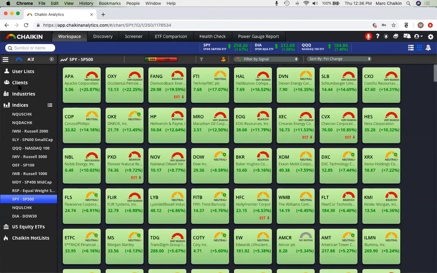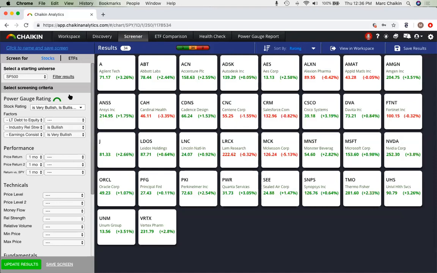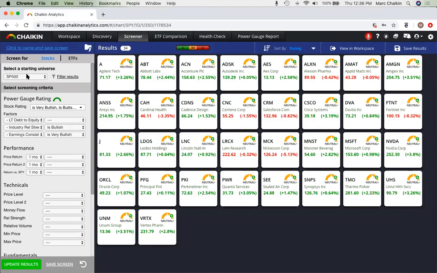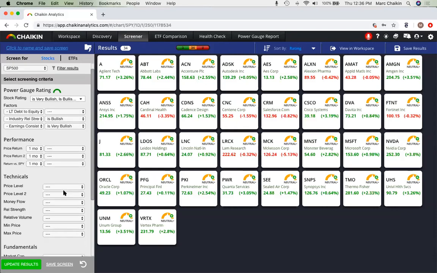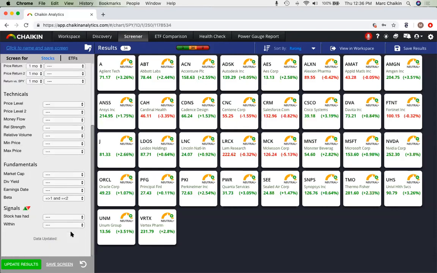And we can also go into the screener and take advantage of something that we're talking about, which is how do we find the leaders coming out of this bear market? Well, it struck me as impressive that there are certain stocks that triggered relative strength buy signals within the last week.